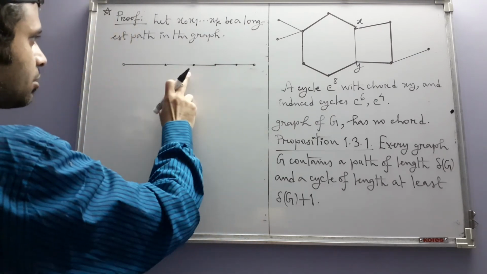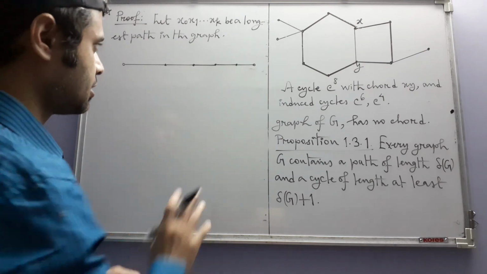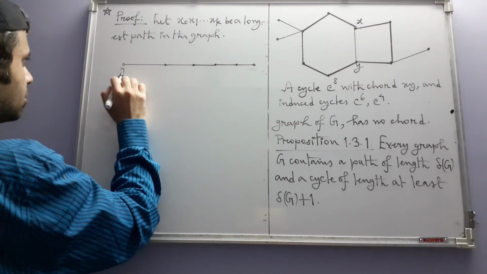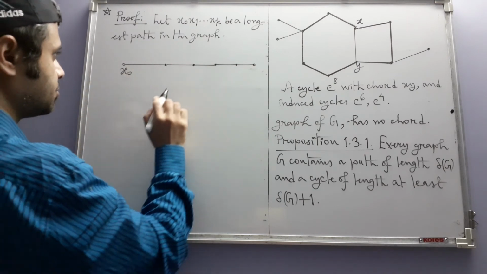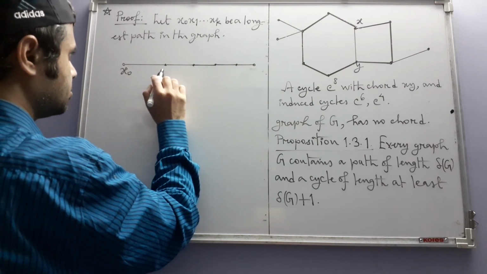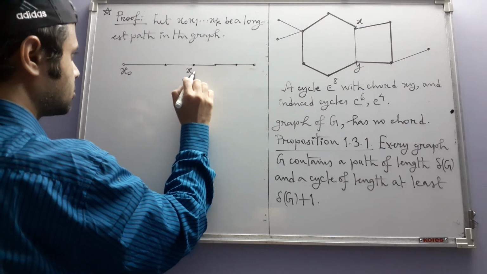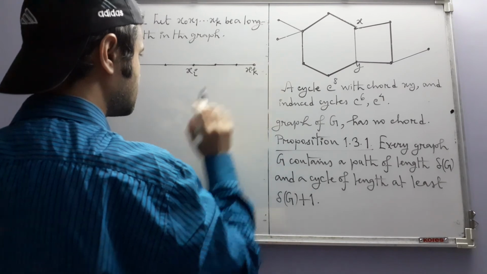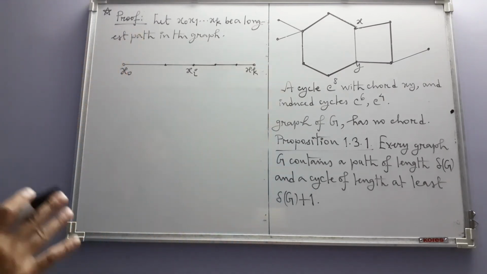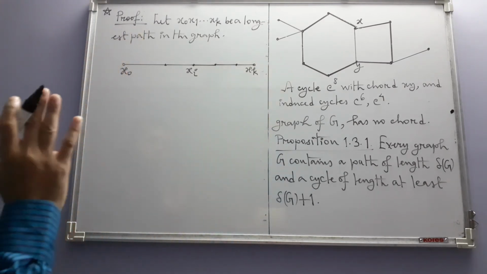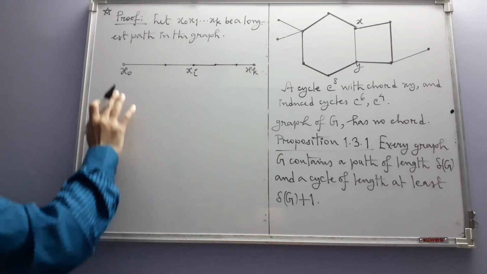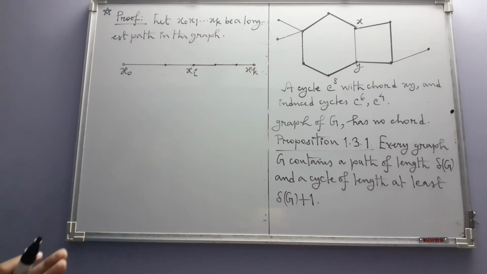There are not in particular only 6 vertices, there are others in between. Okay, so this is x0, this is say xi, this is xk. So xi is somewhere in between, but xi is a special type of vertex. Now okay, fine, so this is a path of longest possible length in the graph G.